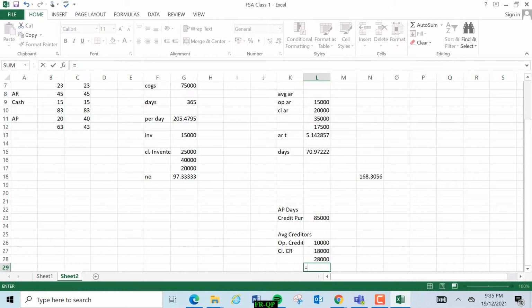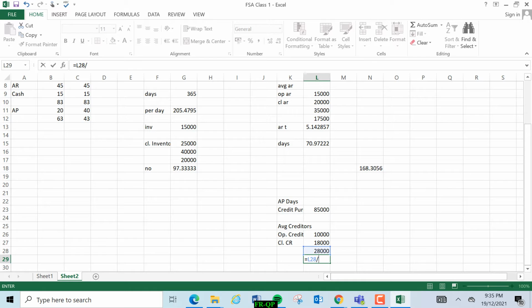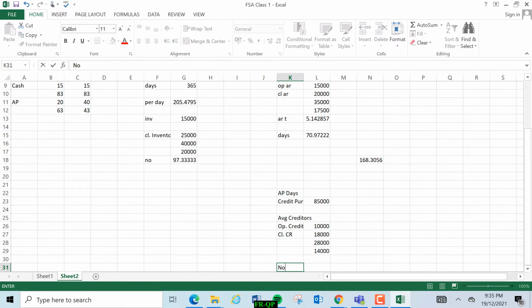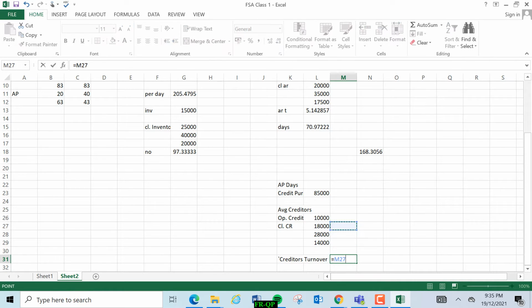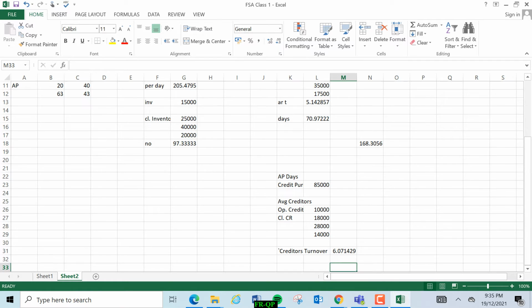So what would be the average? 28 divided by 2. So what is the creditors turnover? Your creditors turnover will be 85 divided by the average, so it means 6.07.